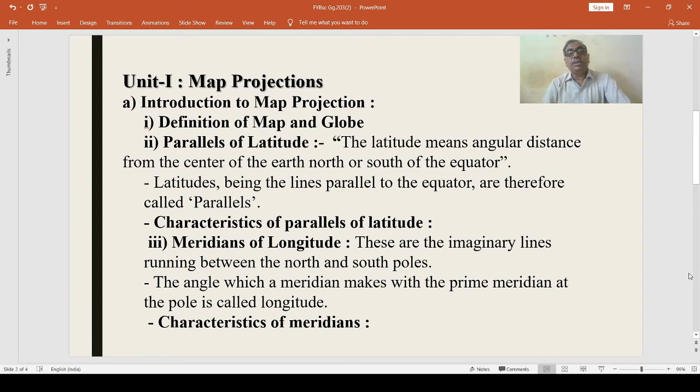Then, meridians of longitude. These are the imaginary lines running between the north and south poles, which intersect parallels at right angles. The angle which a meridian makes with the prime meridian at the pole is called longitude.